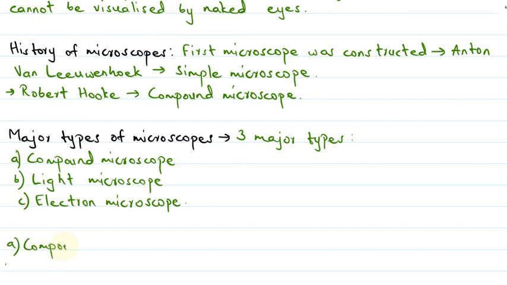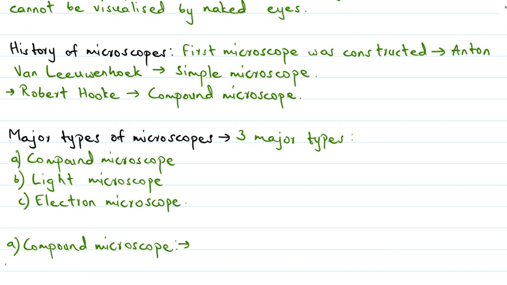First is the compound microscope. Just now we saw that after the construction of the simple microscope by Anton van Leeuwenhoek, Robert Hooke developed a compound microscope. How was it developed?